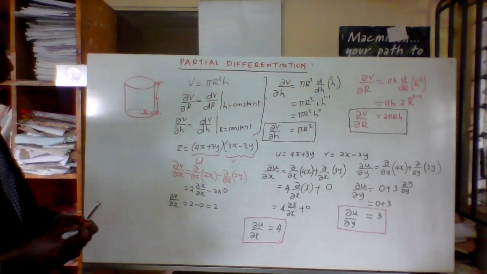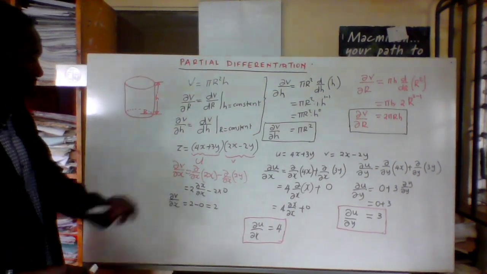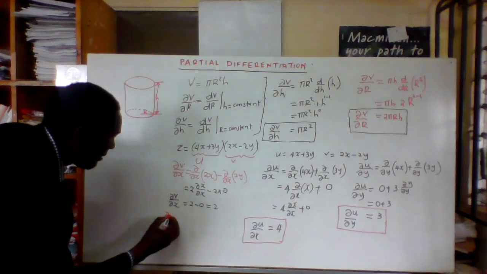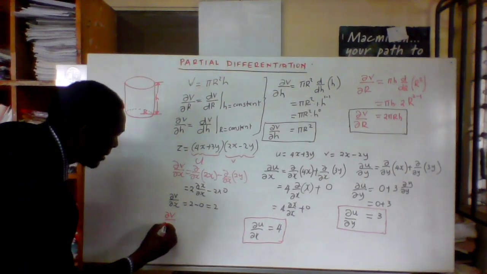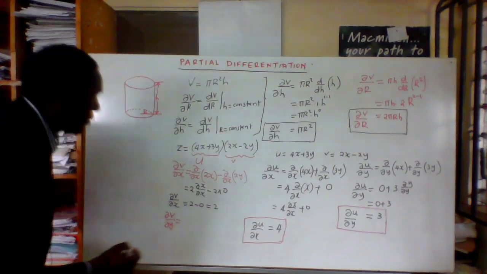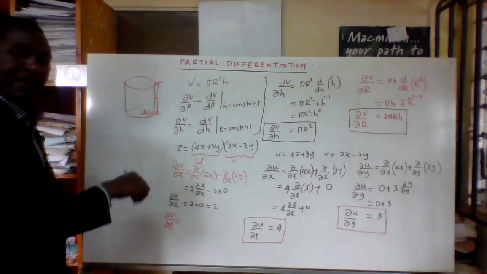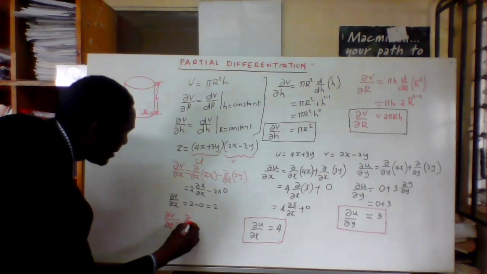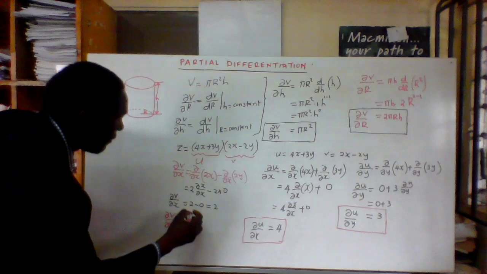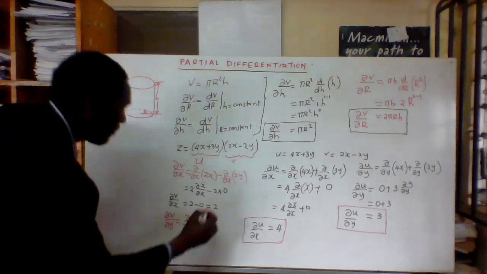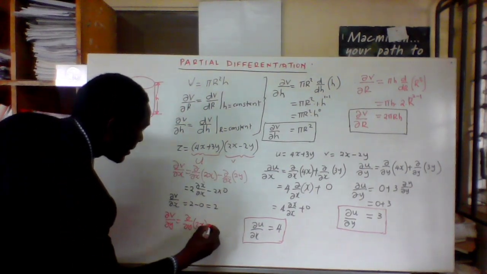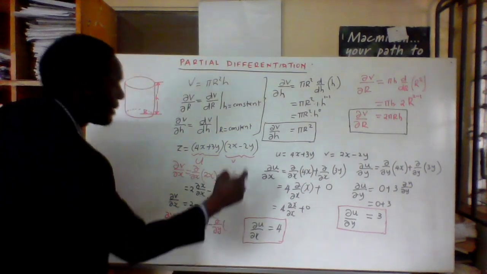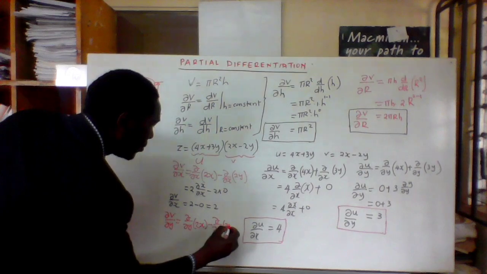We can also get the partial derivative of v with respect to y, so that we have the partial derivative of v with respect to y is equal to, we are treating x in this case to be a constant. So we have the partial derivative with respect to y of the first term in v, 2x. We subtract the partial derivative with respect to y of the second term, 2y.